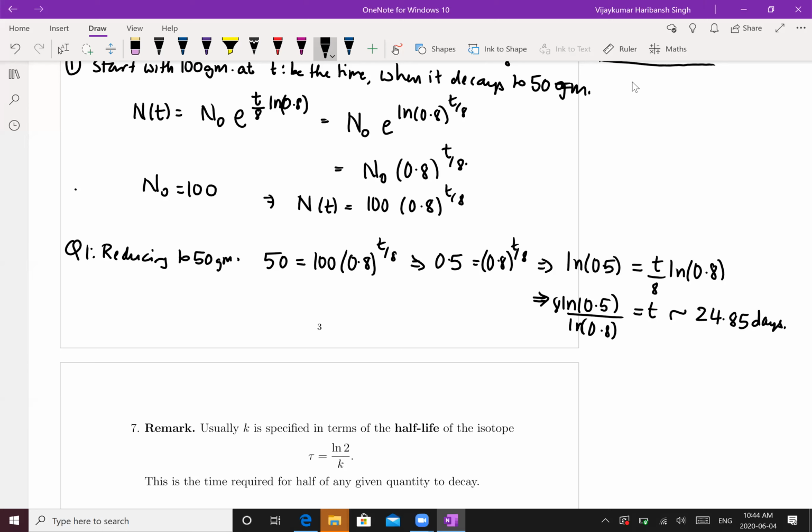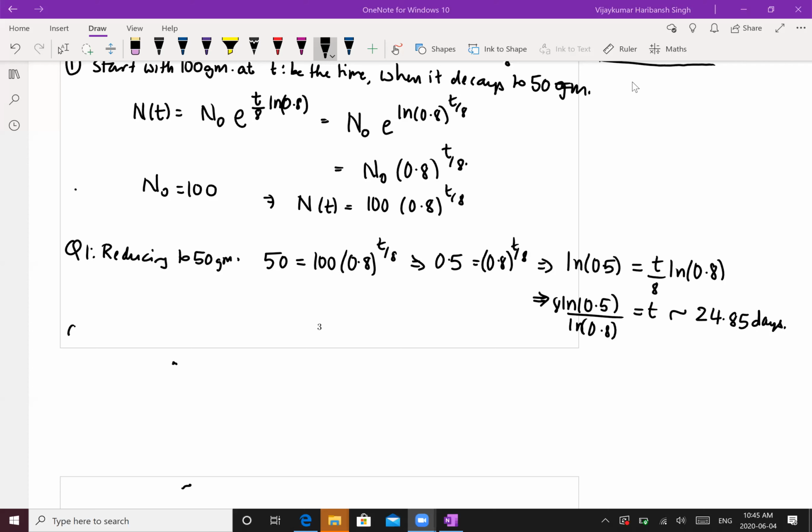Similarly for question 2, reducing to 40 grams. In that case, you can see that 40 equals 100 times 0.8 to the power t by 8.